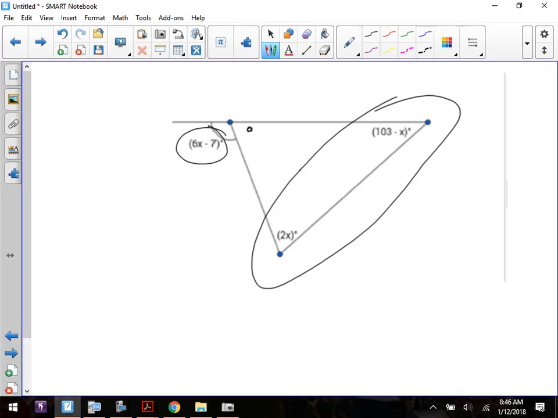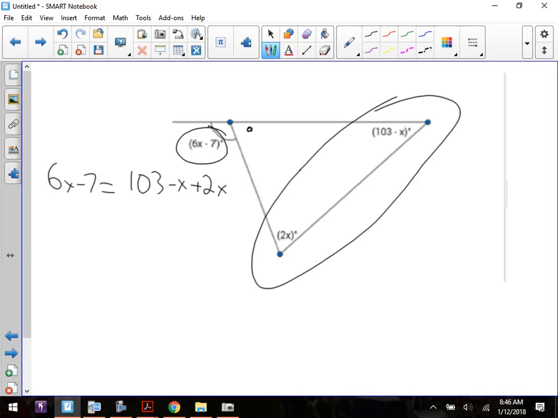So what we do is that we know that 6x minus 7 has to equal 103 minus x plus 2x. So you have negative x and 2x is x.